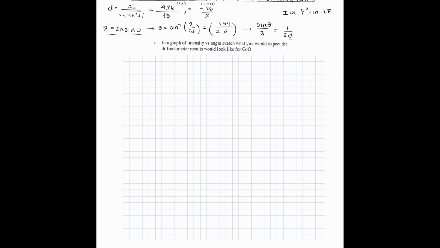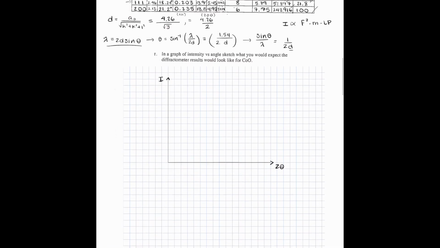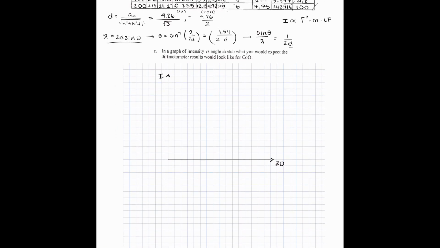we can finally go through the next part, which is drawing the graph. You could do this with a ruler, but it's not necessary. But again, for peace of mind, you could also do it with a ruler. We know the 111 diffracts first, and then the 200. The angles are going to be about 36 degrees and 42.4 degrees, because that's double our thetas that we calculated.